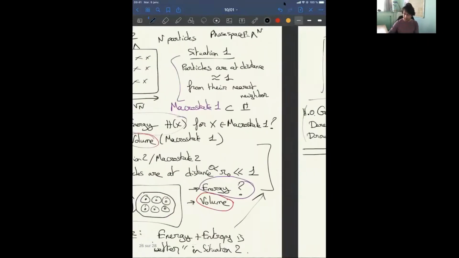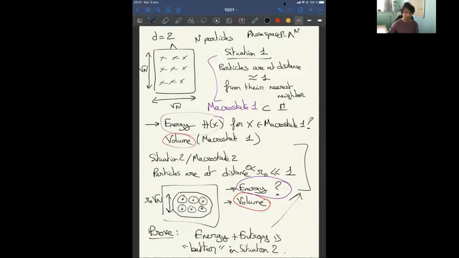And the way I suggested to treat this problem mathematically was to describe the first situation that would correspond to normal situations where particles are fairly well spread out, and then a second situation describing a subset of phase space that corresponds to particles being closely packed and occupying only a portion of the total volume that they are given.